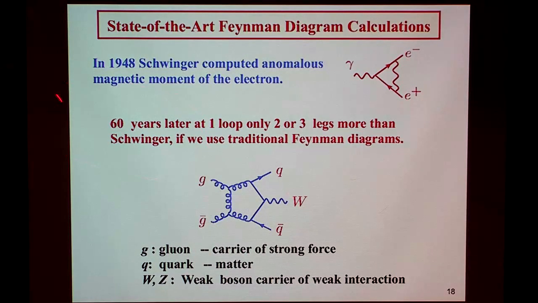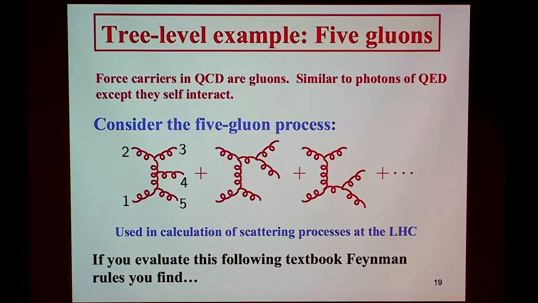We go 60 years later, and we ask, what can we do with Feynman diagrams? We're talking about 2 or 3 legs more than Schwinger could do. And you go, wait a second, how can that be true? Schwinger didn't have supercomputers, right? What's going on? Well, let's have a look and try to understand what the problem is.